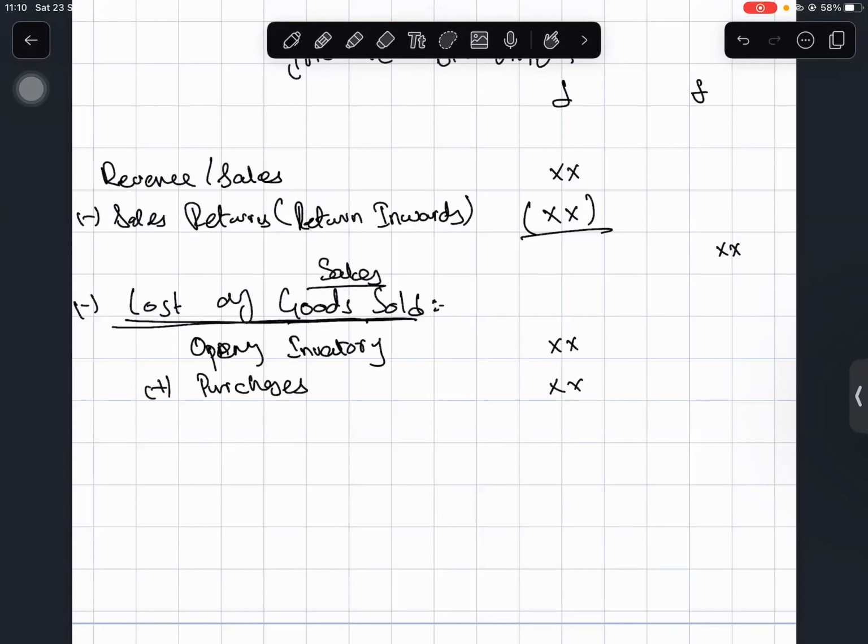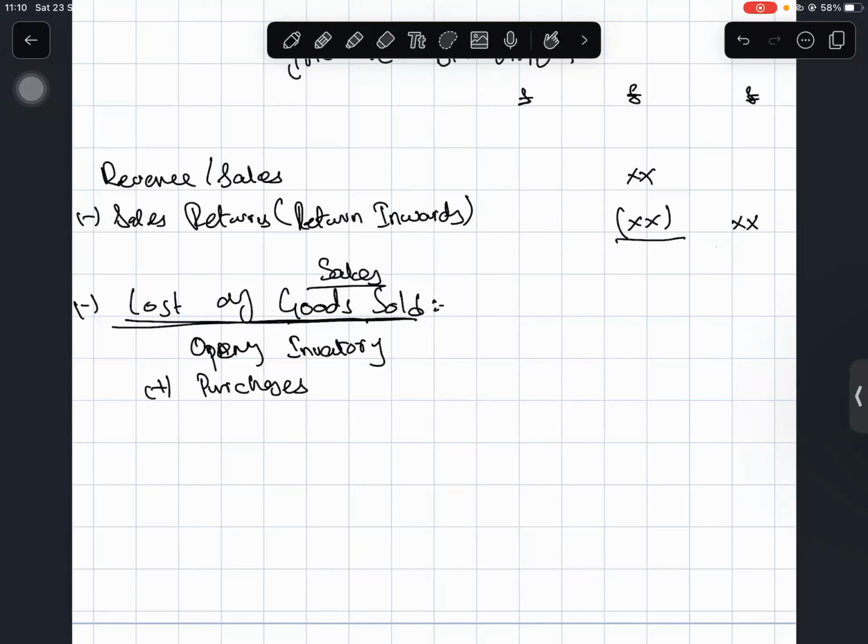Then we subtract, in fact, wait, let us do it in an extensive way right from the start. Instead of 2 columns, we can make 3 columns. This is all for clarity, so that there is very little confusion. Okay. Sales and sales return will come in this column, and the net amount, let's just write it here.